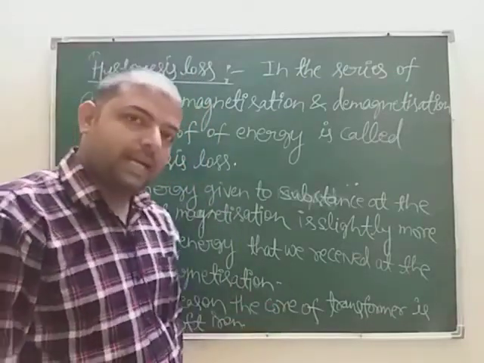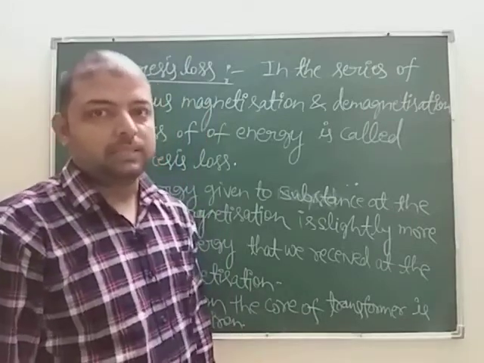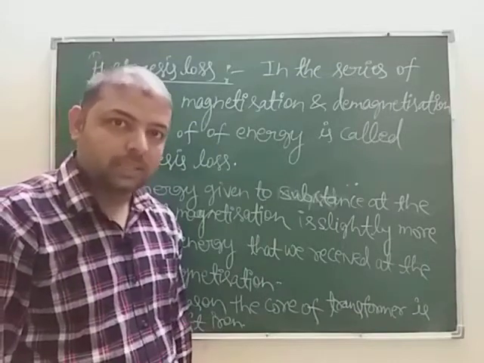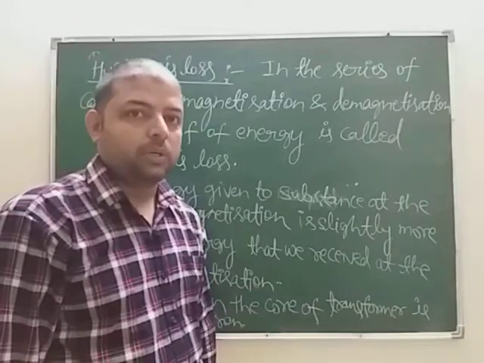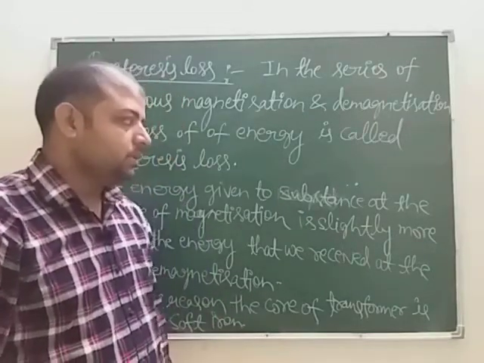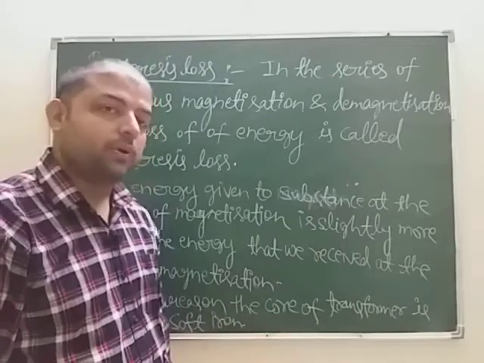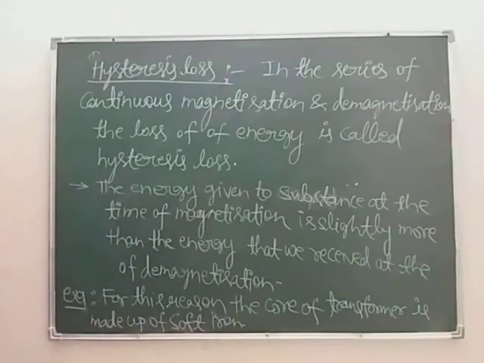So if it gets magnetized, the residual magnetism remains in that substance for a longer time, whereas in soft iron it remains for a short time. So in soft iron the loss is minimum in the process of magnetization and demagnetization, so we use soft iron for making the core.